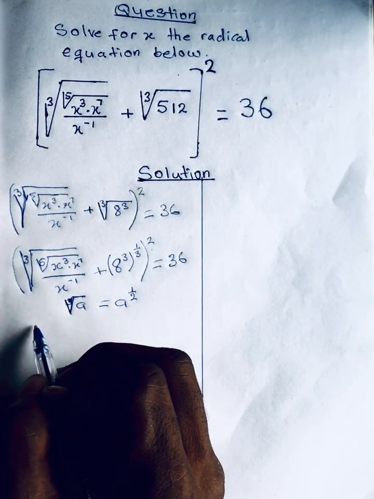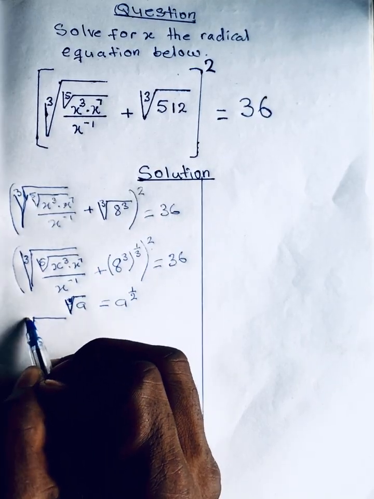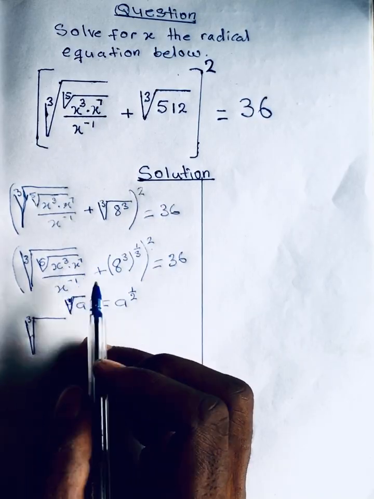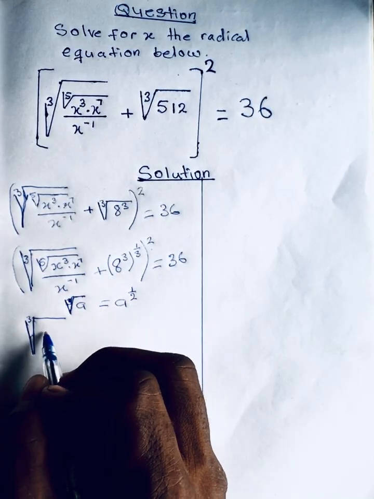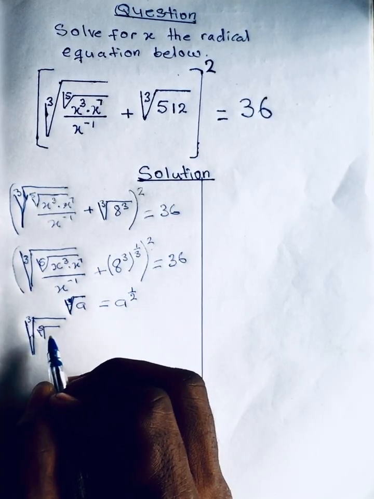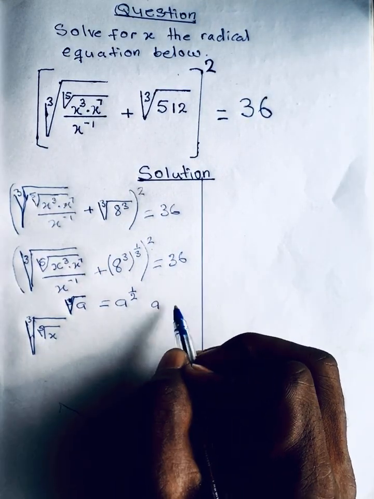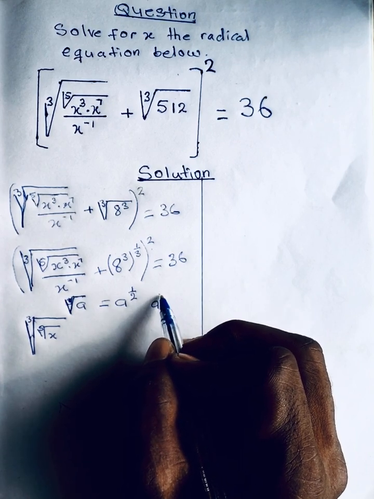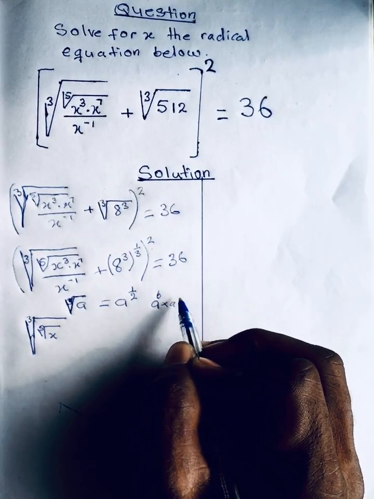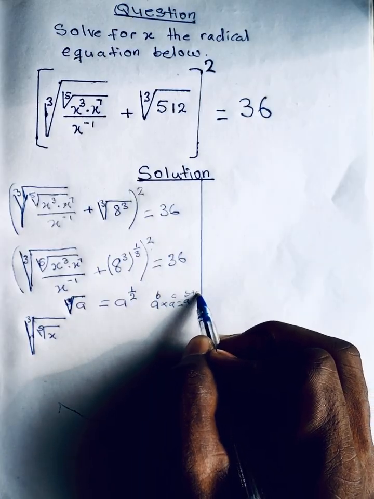So let's simplify. It will be the cube root of the expression. Let's apply the laws of indices here. It will be the fifth root. We know from indices that when you have a to the power of b times a to the power of c, this will give us a to the power of b plus c.